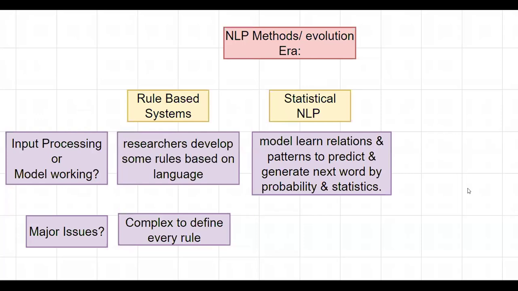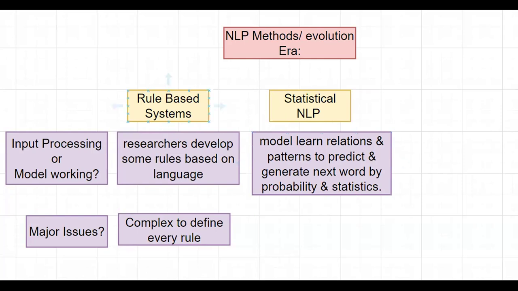In that way, in real time, by using this statistical NLP, we can analyze, learn relationships and patterns using probability and statistics, take the input, again identify the relationships and patterns, and predict and generate the next upcoming words. We can predict the next word and generate the word as a result as well.